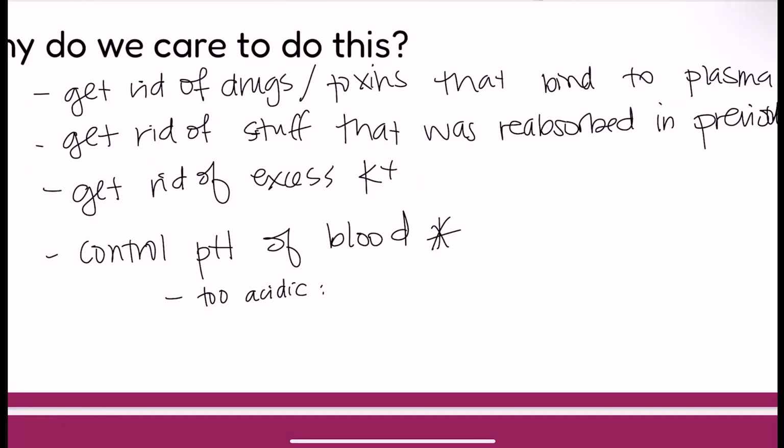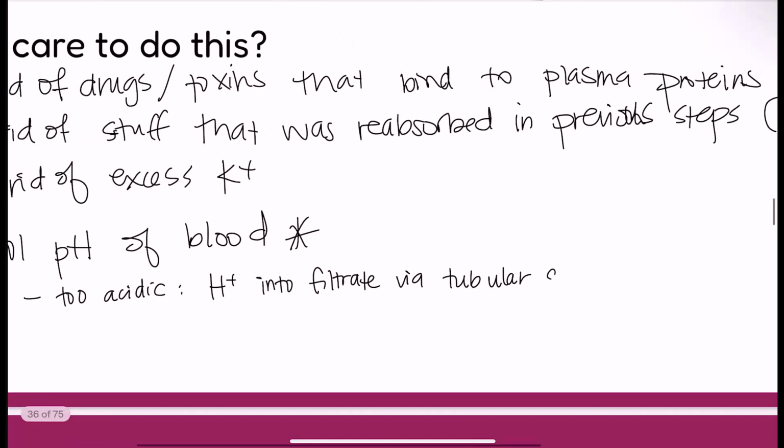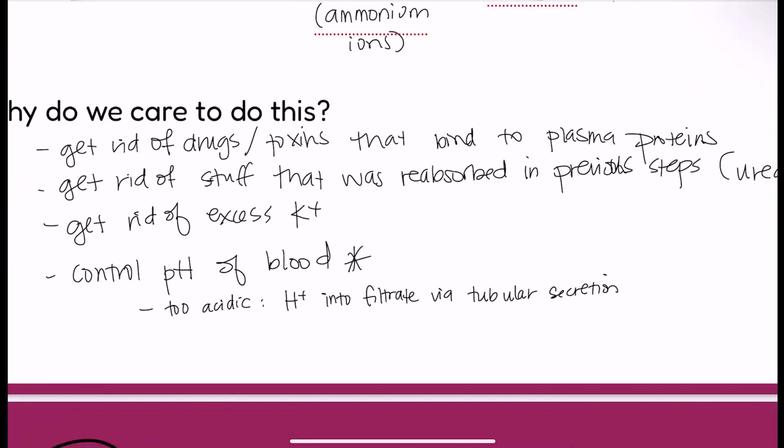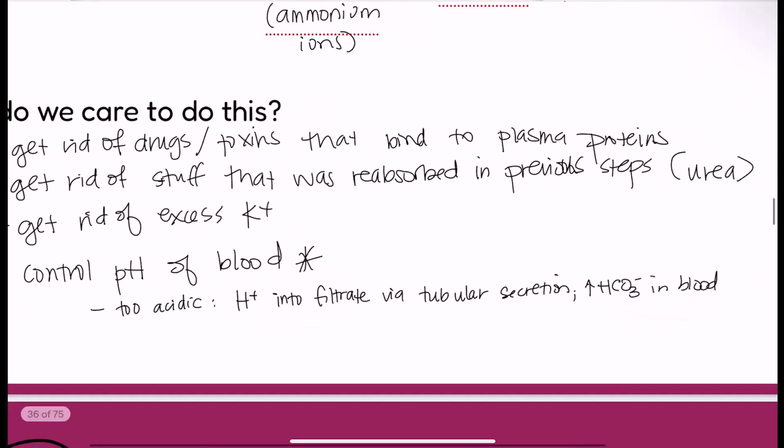So if we're too acidic, we can release hydrogen ions into filtrate via tubular secretion. If we get rid of hydrogen ions, then that also increases bicarb in the blood because we got rid of hydrogen ions from the blood, but we hold on to bicarb in the blood. Holding on to bicarb then increases pH, so we're no longer acidic.